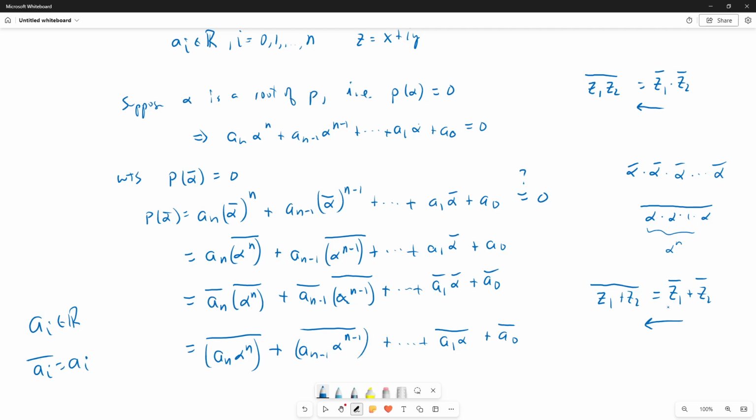Now we can use the sum of the conjugates is the conjugate of the sum from right to left. We have a sum of conjugates here, conjugate plus conjugate, more conjugates. So we can write one conjugate bar over the top of the entire sum.